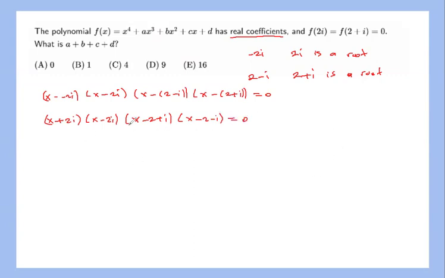You can expand this, but let's use the difference of squares. The first two are like a minus b and a plus b, which gives a squared minus b squared. So this will give us x squared minus negative 4 times i squared, which is just a positive 4.